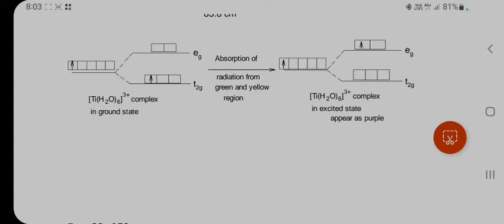In the presence of H2O ligands, the degenerate d orbitals will split into two sets of energy levels, that is t2g and eg. The electron will be present in the lower energy t2g orbital. When the titanium ion absorbs the radiation, the electron present in the lower energy t2g orbital will be excited into the higher energy eg orbital.